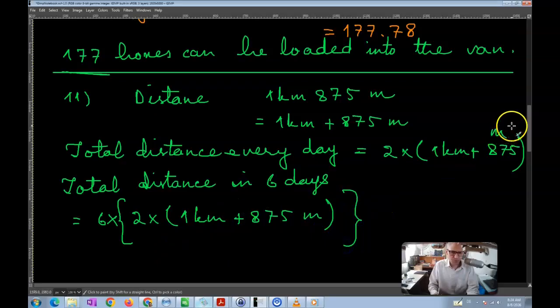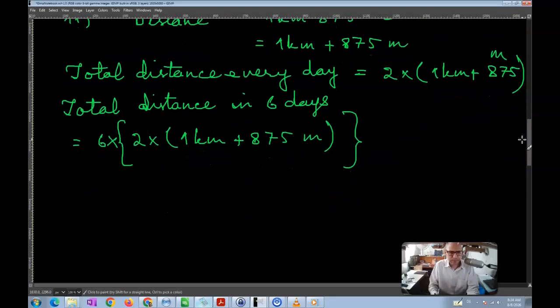So now what I need to do is multiply. Of course you can directly multiply, there is no problem, meaning you can multiply 2 by 1 kilometer and 2 by 875 meters, and then multiply 6 by both of those things, but then it gets unnecessarily complicated.